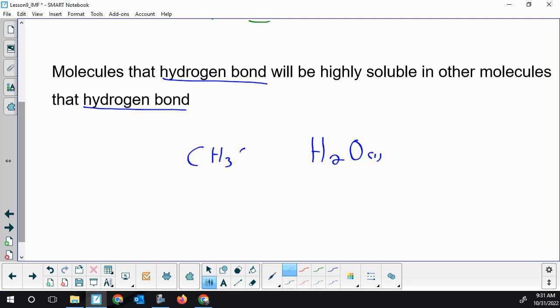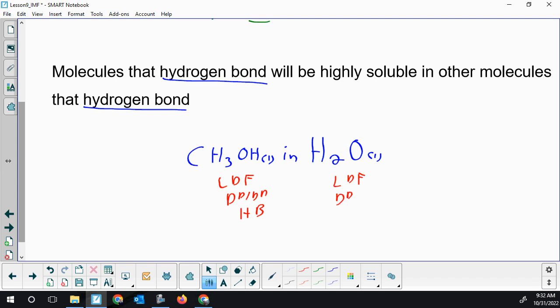So one of the simplest examples that I could pick that would have hydrogen bonding is methanol. They both have high forces. They're both liquids. So methanol in water would be highly soluble. I'm just writing the forces list.